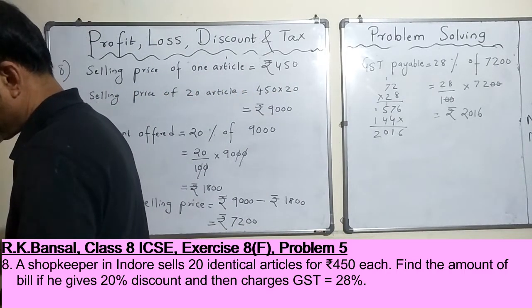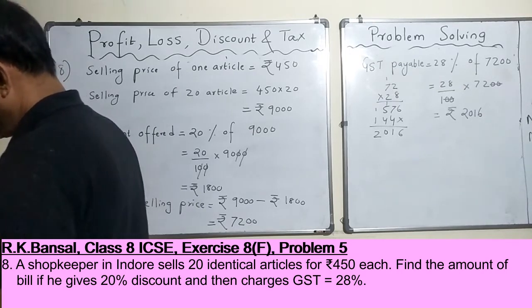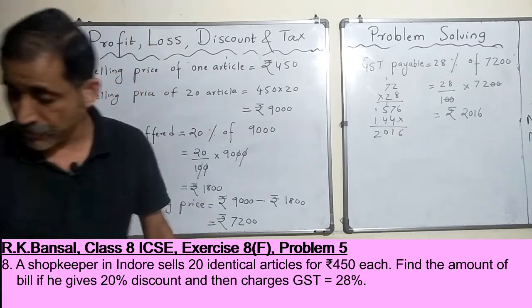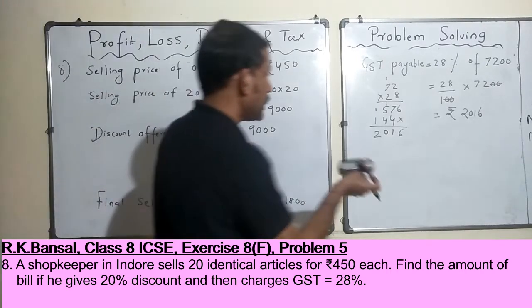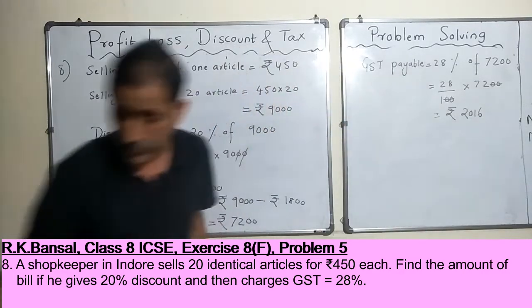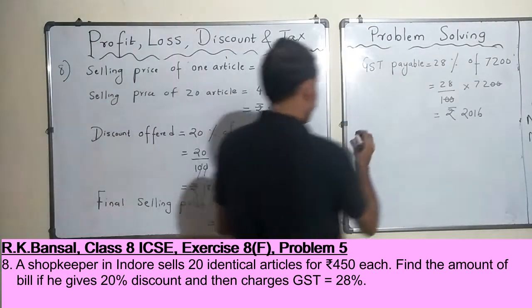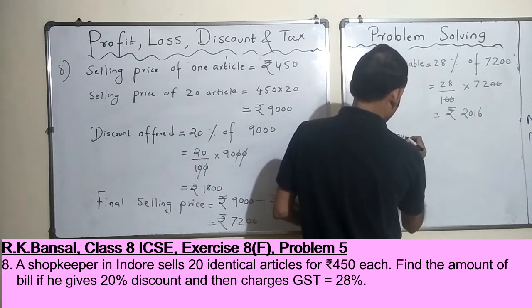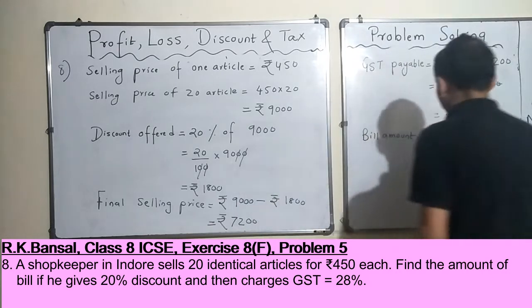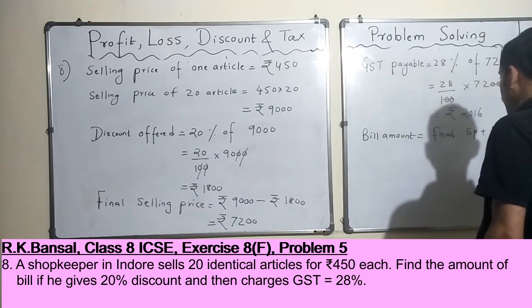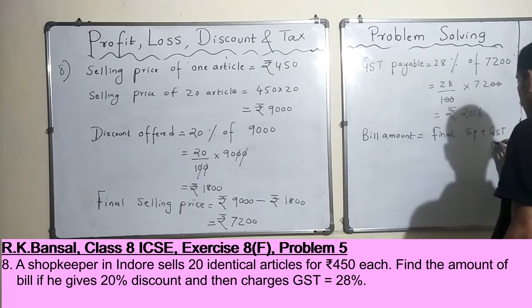All right, let me just cross verify this once. Right, that is correct. So that is the GST amount. Now, he has to prepare the bill, he has to tell you the entire amount. So the bill amount is equal to final selling price plus GST payable.